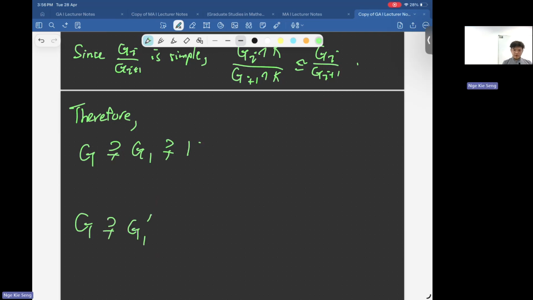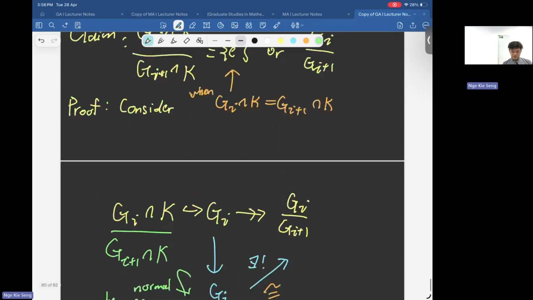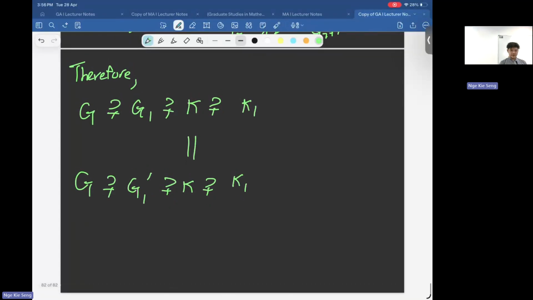And then both of them you should continue with K. And then by inductive hypothesis, the composition series of K should be the same. Okay. So it's now left to check whether G1 over K and G1 prime over K are the same.